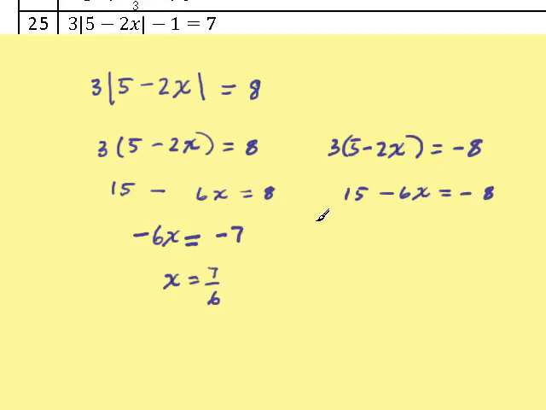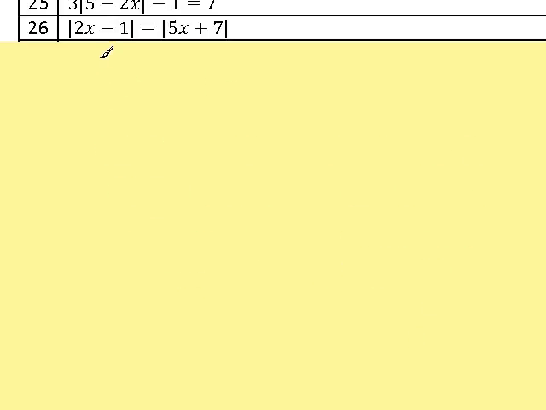And subtract 15 from both sides, and we have minus 6x is equal to negative 23. And divide by minus 6, x is equal to 23 over 6. All right, let's look at number 26. We're going to open up absolute values and get two equations. 2x minus 1 is equal to 5x plus 7, that's 1. And the other one is 2x minus 1 is equal to the negative of 5x plus 7.